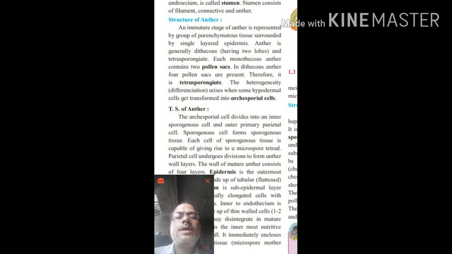After differentiation or maturity, this tetrasporangiate anther is differentiated into hypodermal cells, or archesporial cells. These archesporial cells are the site for formation of microspore mother cells, and microspore mother cells give rise to pollen grains.